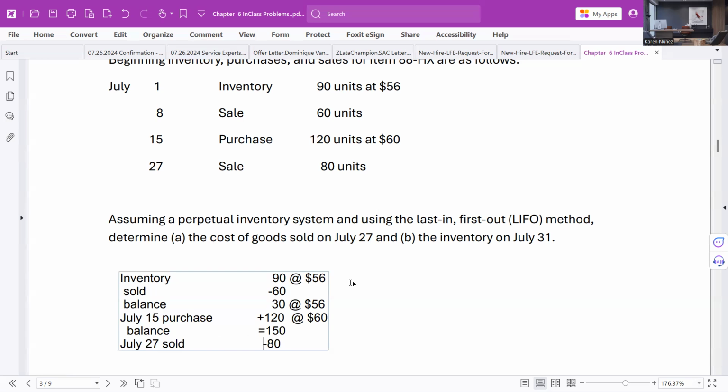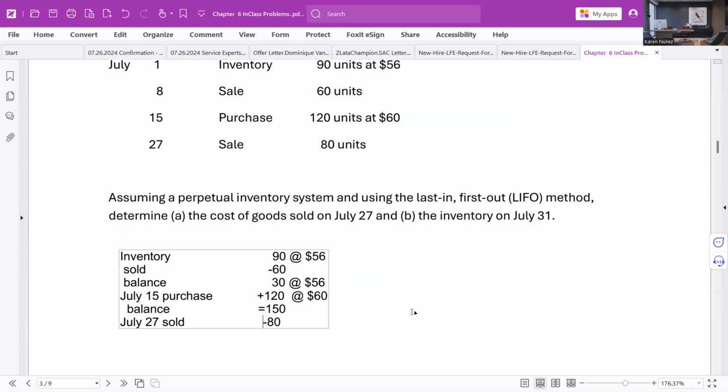Using LIFO, last in, first out, the cost of goods sold. Let me just make a note here that we're going to have an ending inventory, the 150 minus 80 is 70, and we'll come back and figure out a cost for that in a few minutes.